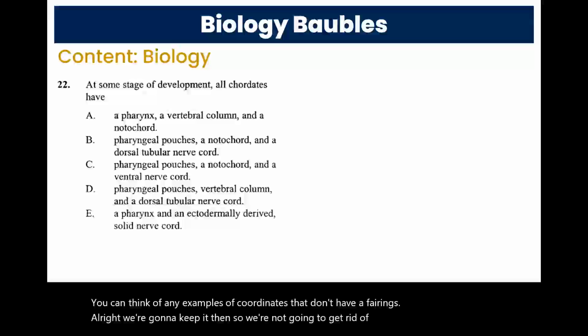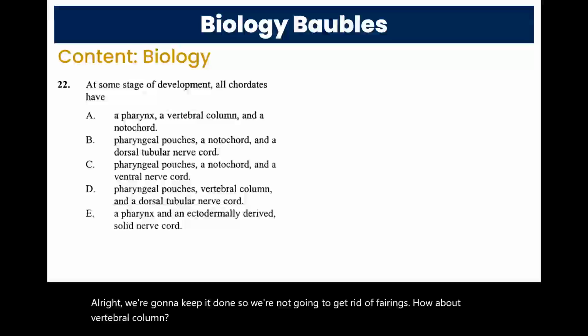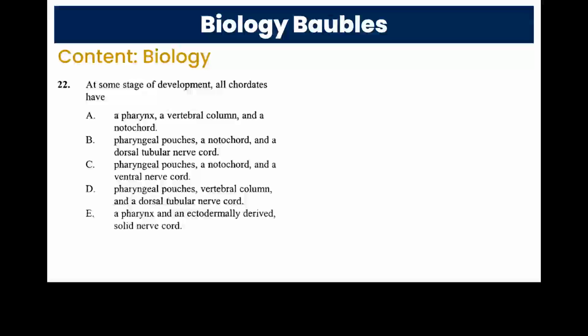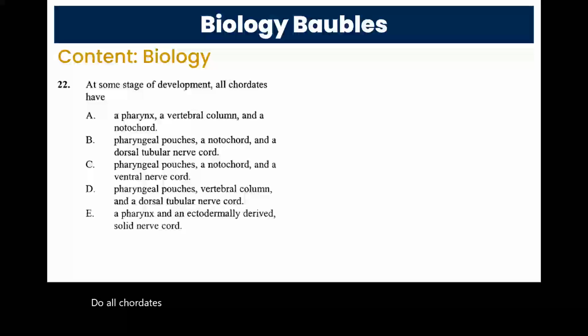How about vertebral column? Do all chordates have a vertebral column? Or golem, as I almost said, I guess. Column. No, they do not. They do not all have vertebra.